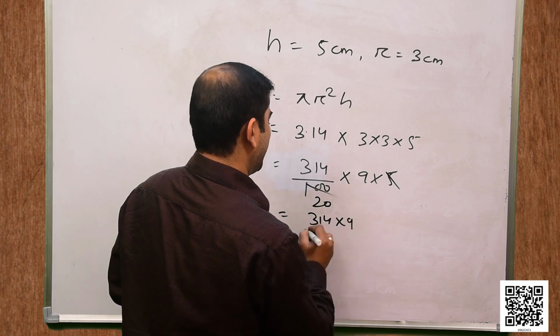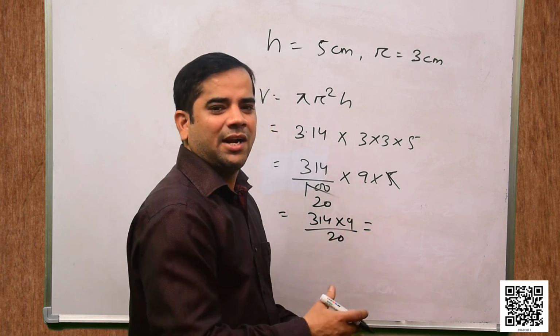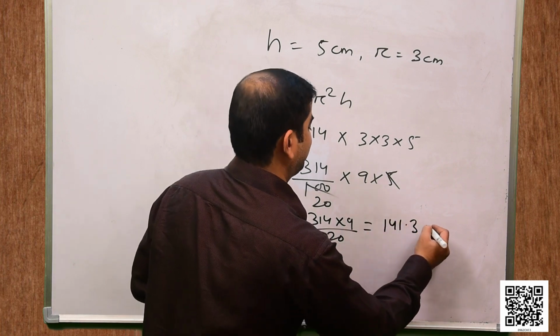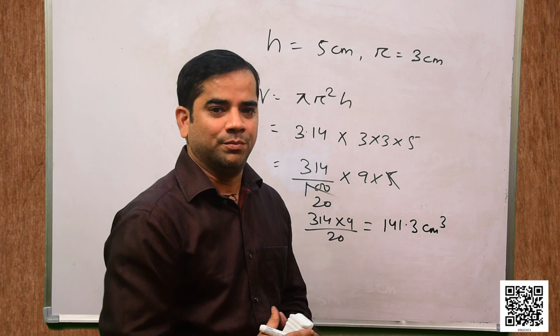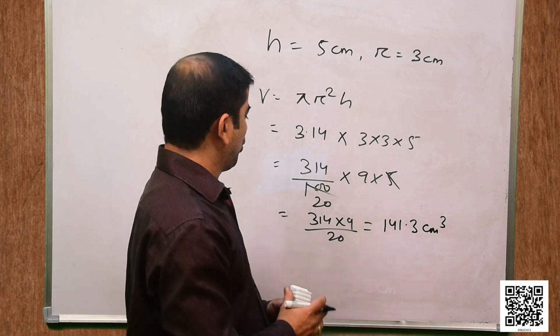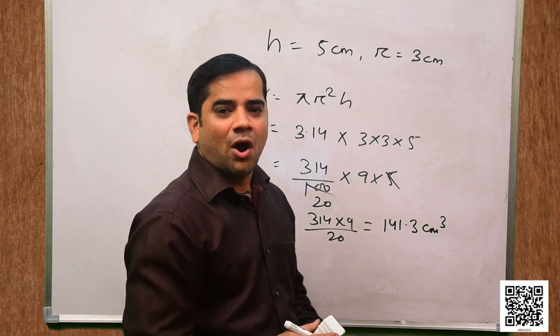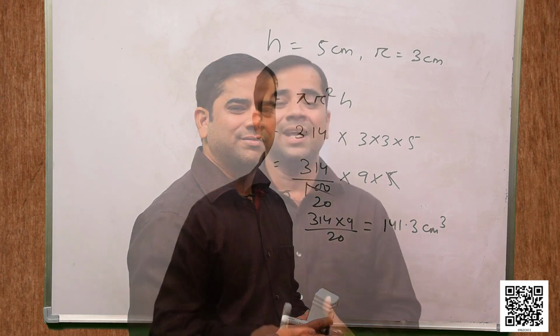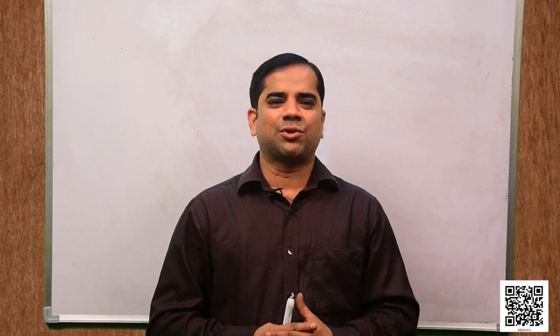That is 314 into 9 divided by 20, and when we calculate, it will come up to 141.3 centimeter cube. So, this is the volume of the cylinder. Hope you understand the solution for this question. Students, let us now discuss question number 5.